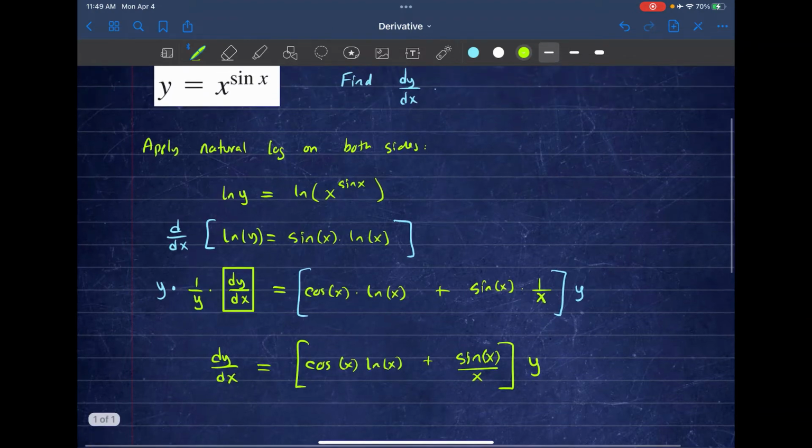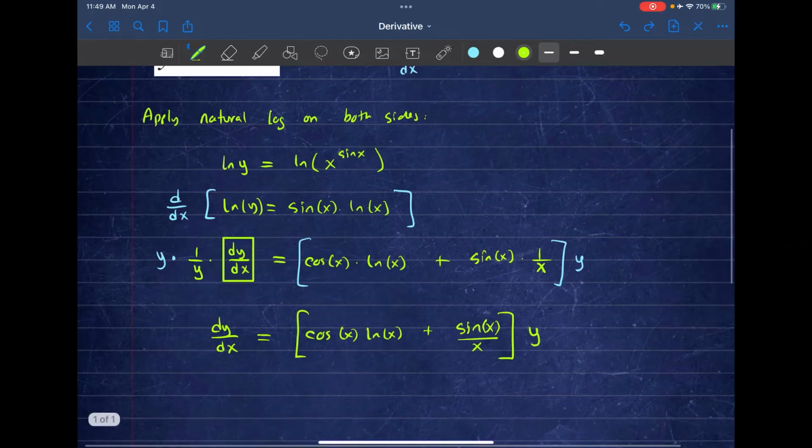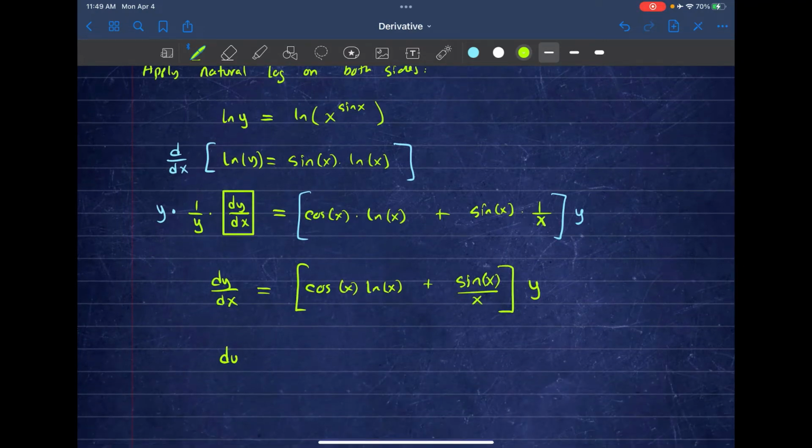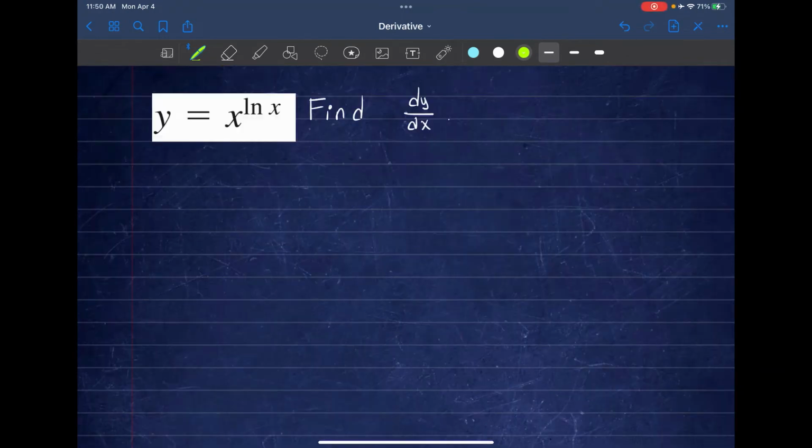Well, y happens to be x to the power sine of x. I'm going to replace that here. So our final answer, our derivative, dy/dx, is equal to cosine of x times ln of x plus sine of x over x, times y, which is x to the power sine of x. So that is our derivative of the function.